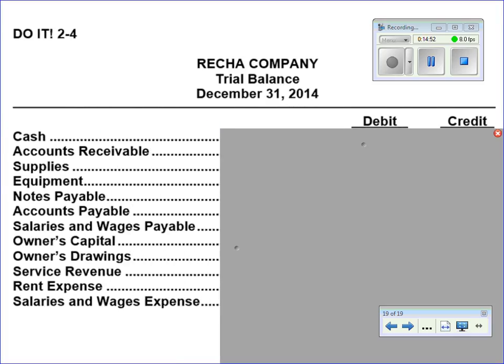Let's just take a look at how they order things. I definitely see 1, 2, 3, 4 assets. They put supplies before equipment, but I see 2 liabilities, actually 3 liabilities, capital, drawing, and then revenue, expense. So they go in the order of 100, 200, 300, 400, 500.